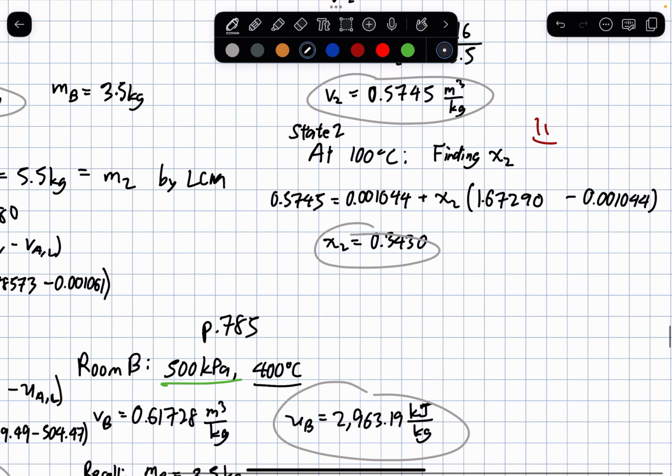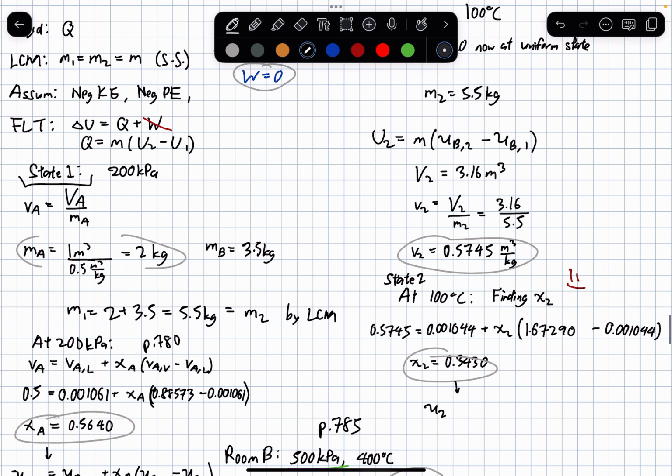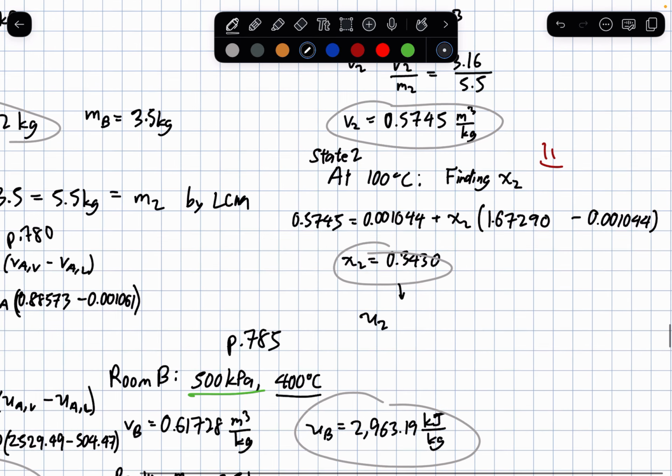Okay, x sub 2. Now that we have x sub 2, calculate u sub 2. I don't think we have room A and room B anymore. Yeah, I think that's about it. Oh yeah, this is at page 776.